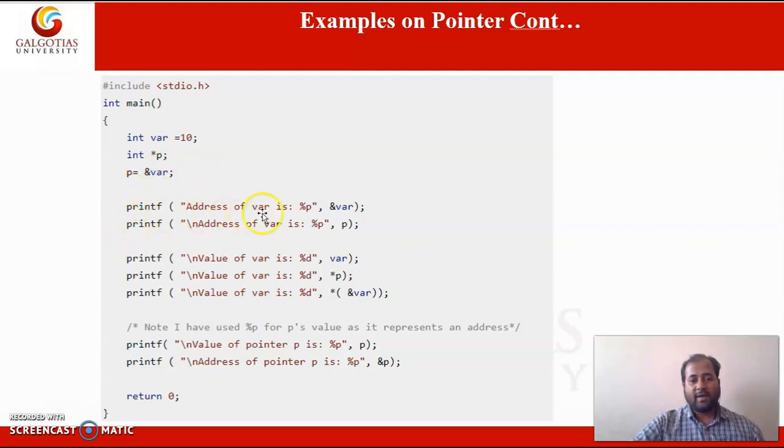and in the next statement we are printing the address of the variable using the ampersand operator. The address of the variable is in p. Okay, so since this is a pointer variable, the value stored is the address of the variable.